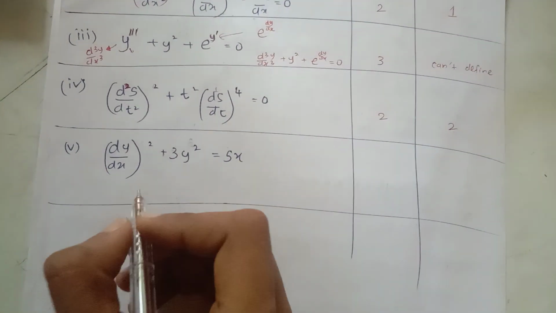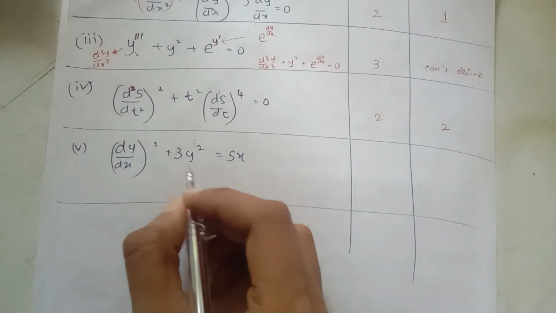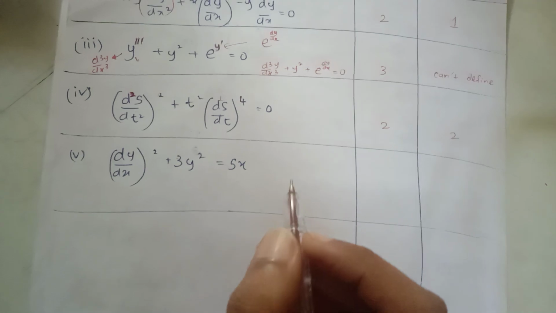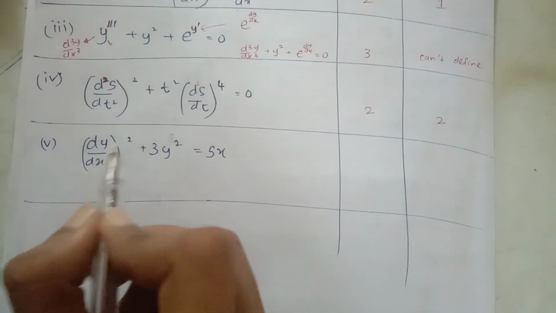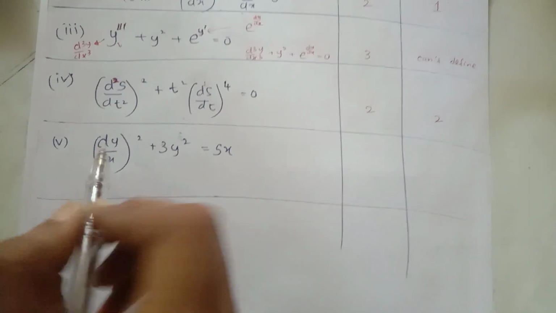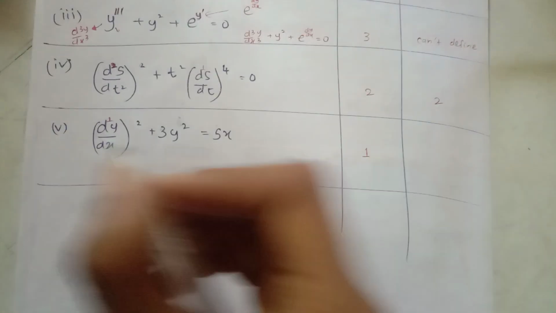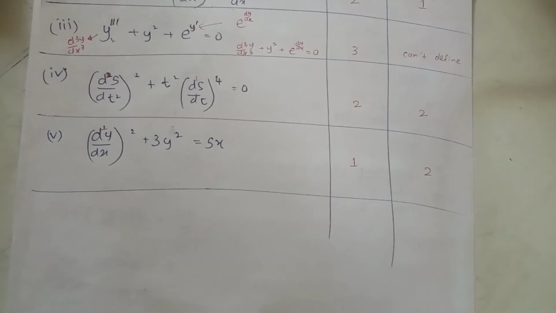And the next one: dy over dx to the power 2 plus 3 times y square is equal to 5 times x. There is only one derivative term right here. It is the first derivative, so the order is 1, and the degree is the power of it, which means 2.